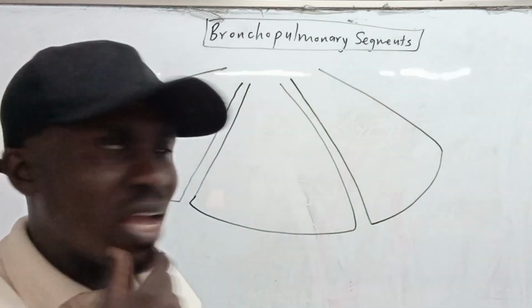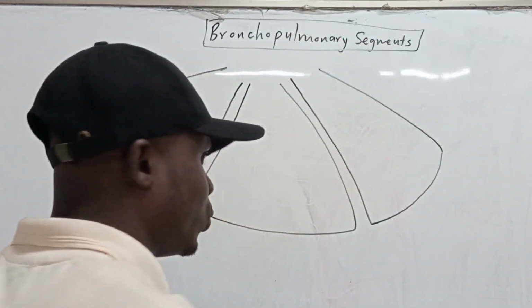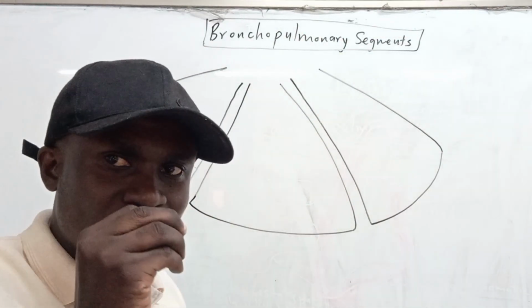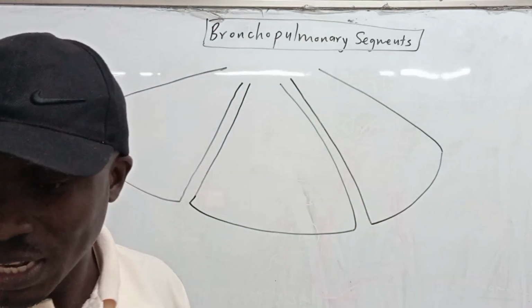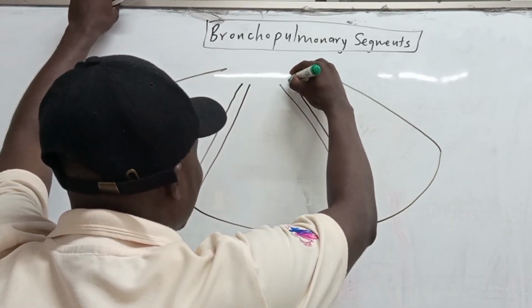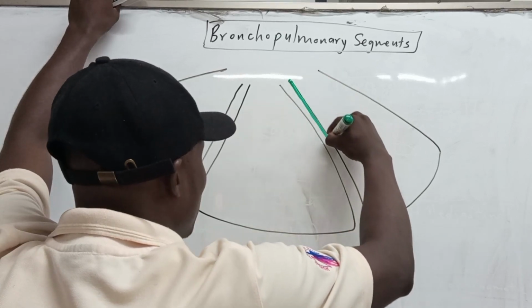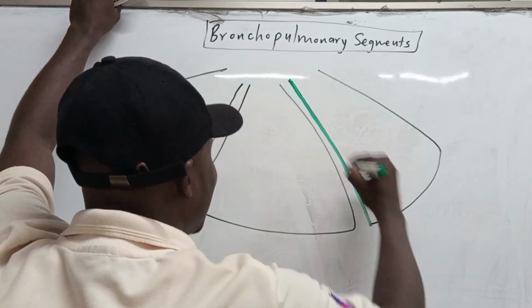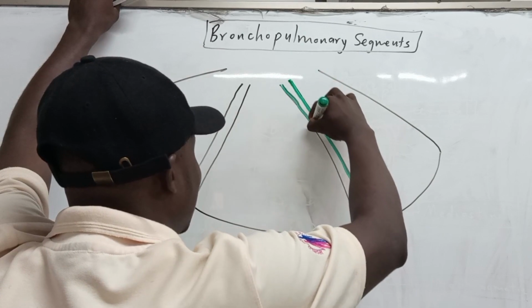Now, I told you that this is the whole lung tissue we are talking about. But the visceral pleura, assuming it is this one, is the one giving rise to all these septations, giving rise to the spaces between them.